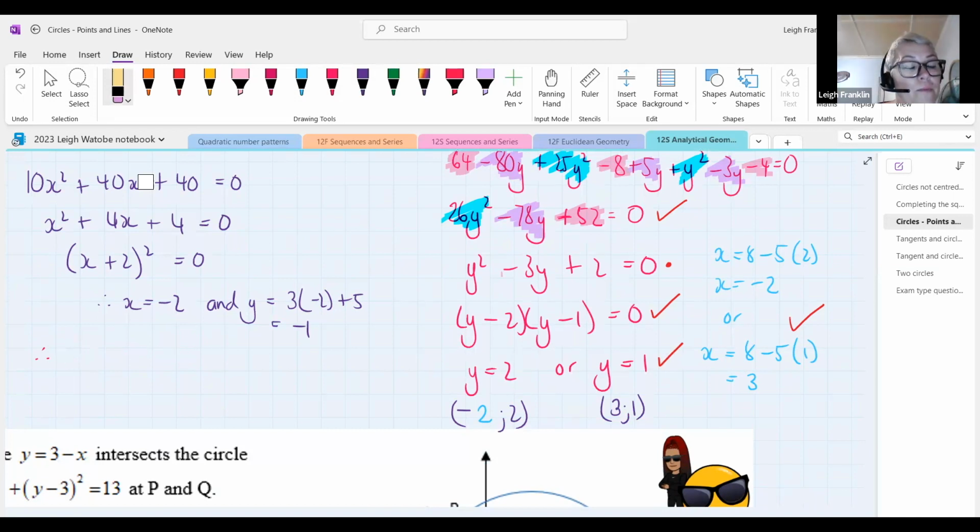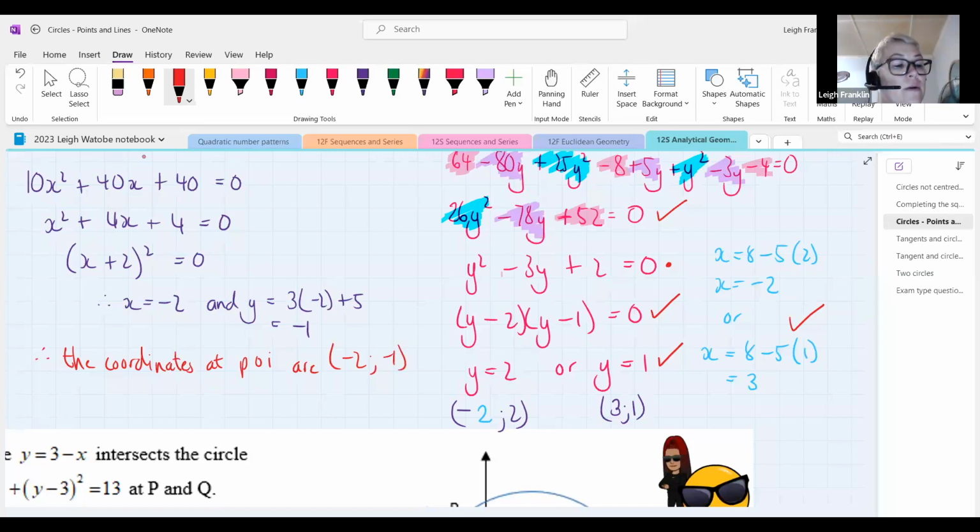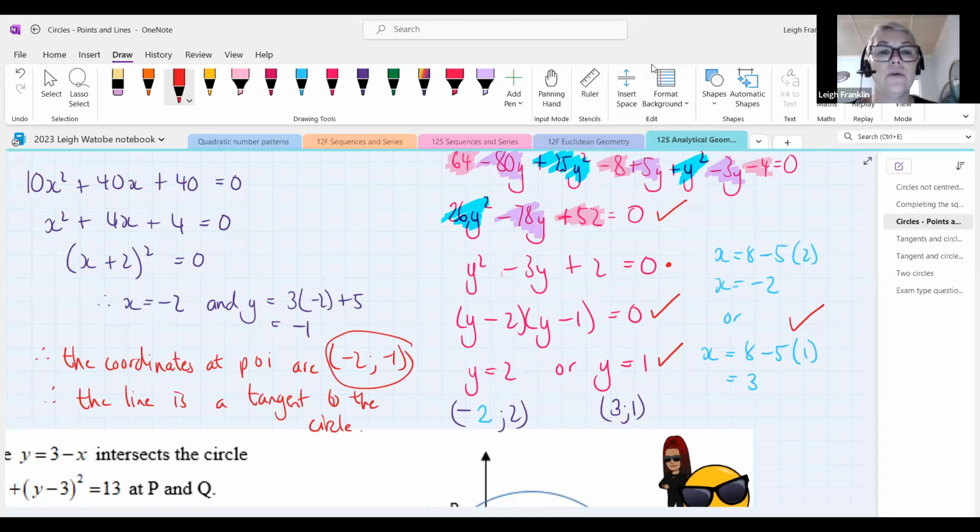Therefore, the coordinates at point of intersection are -2, -1. Therefore, the line is a tangent to the circle, because there's only one point of intersection.